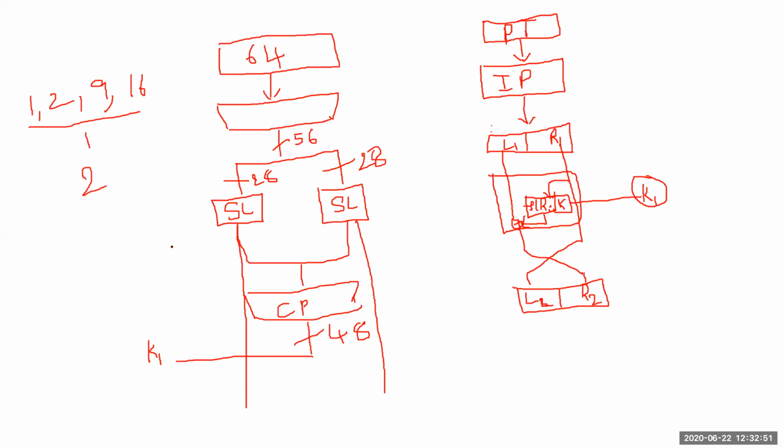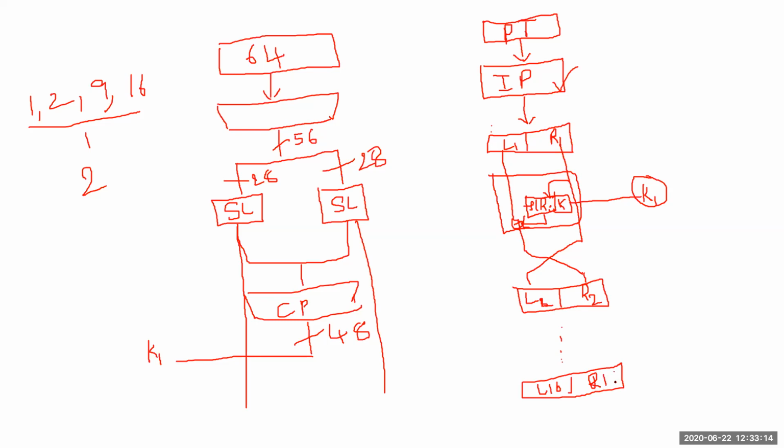Already we have come across this stuff. This is completely about the DES algorithm and how it works. We have already discussed the initial permutation. After completion of the rounds, we have to get L16 and R16.